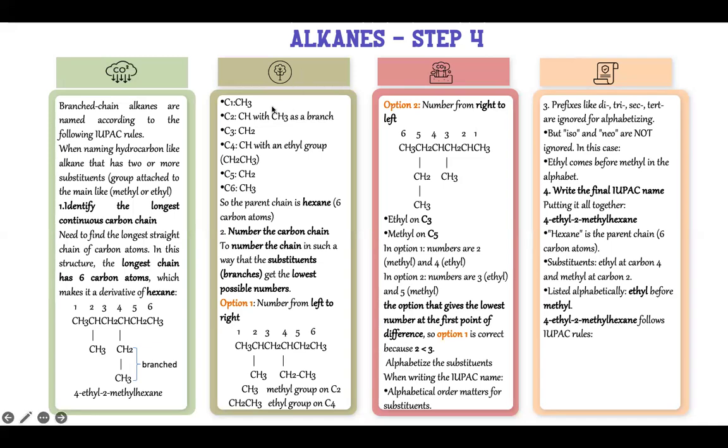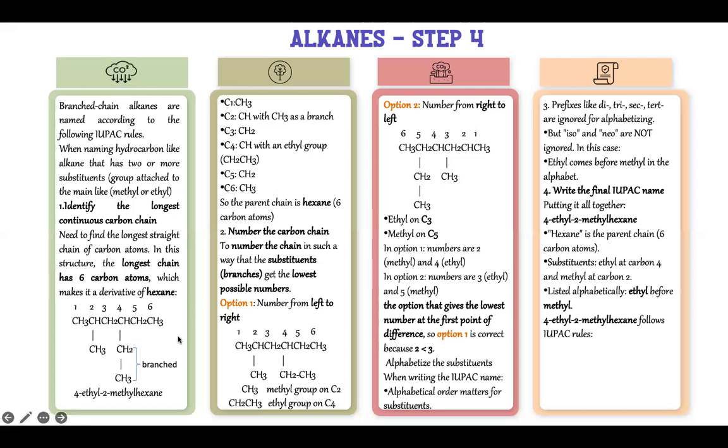So carbon 1 is CH3, carbon 2 is CH with CH3 as a branch, and carbon 3 is CH2. Carbon 4 is a CH with an ethyl group, which is CH2 and CH3, as the branch, carbon 5 is CH2, and carbon 6 is CH3.